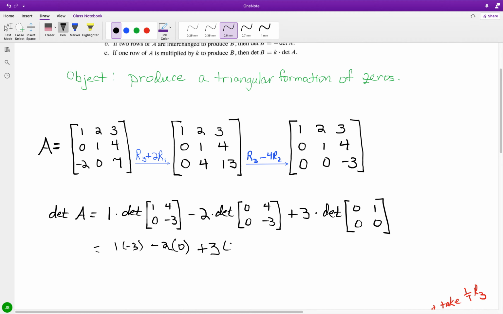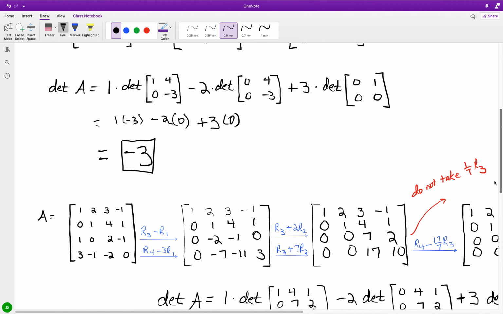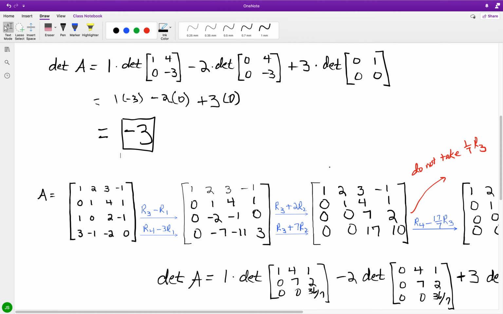So once again, the determinant of A is the value of negative 3.